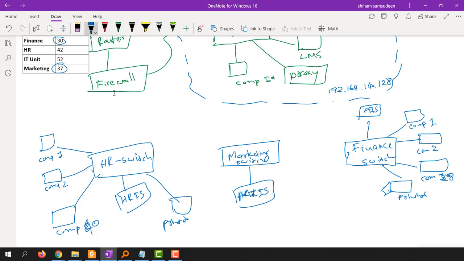And for the marketing you need 37 computers. So this is comp 1. This is comp. So that's 35. And you have the MKIS system here and the printer, right?